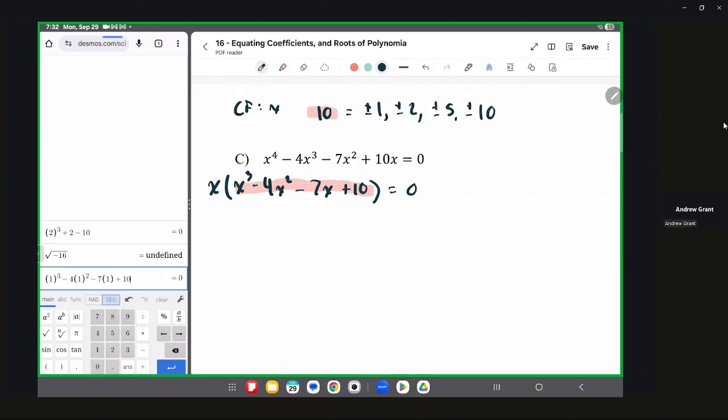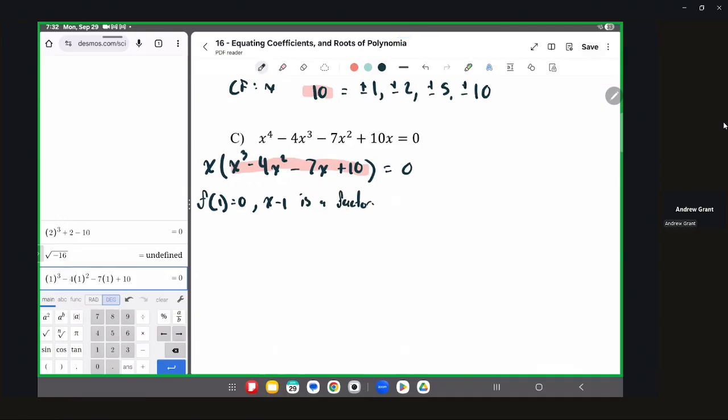Okay, so then we can say f of 1 is equal to 0. So that means we know x minus 1 is a factor.